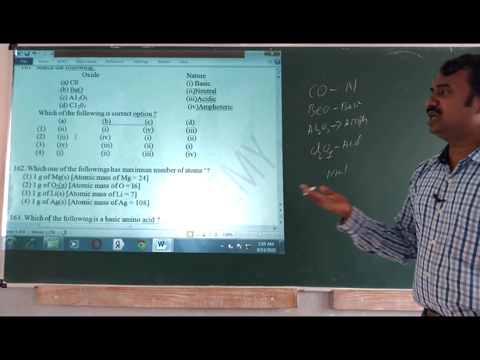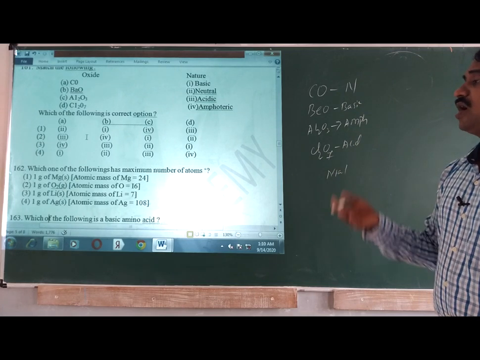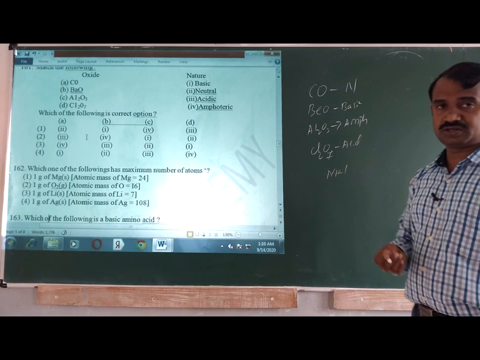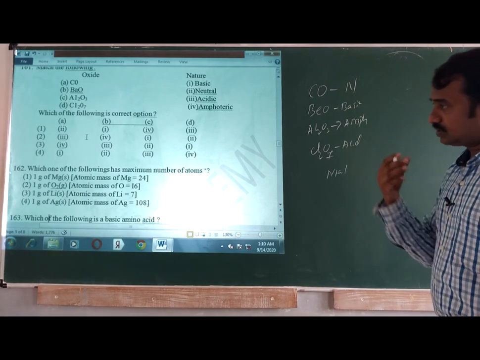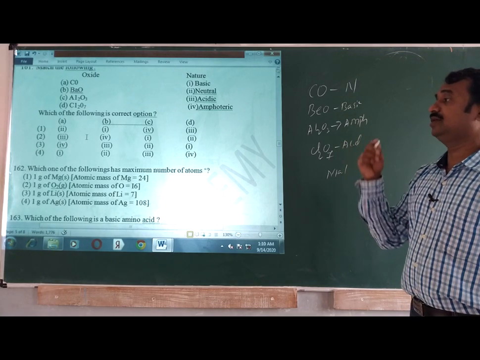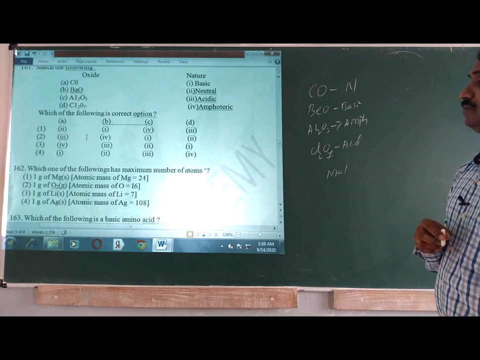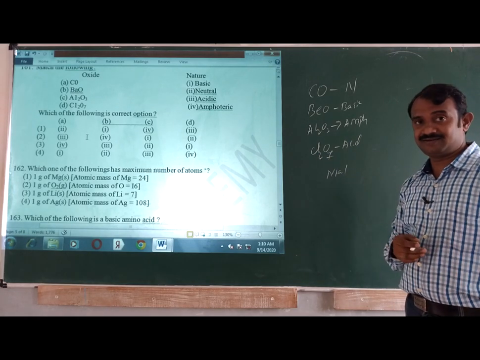Next, 1 gram of lithium, atomic mass 7. 1 gram of silver, atomic mass 108. The smaller the atomic mass, the greater the number of atoms. So option 3, 1 gram of lithium, has the maximum number of atoms.